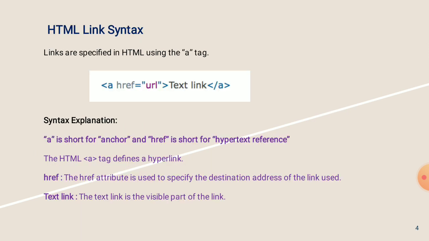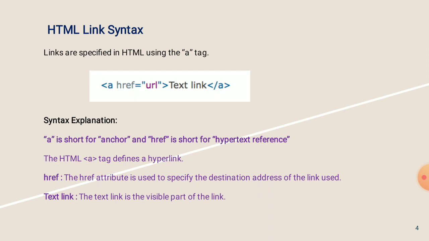So the HTML link syntax is that links are specified in HTML using the a tag. That is the href part. We use the syntax: a, then href, then URL, then link text. That means href is the hyperlink, the URL is the address of the link, and the text is a simple text line.